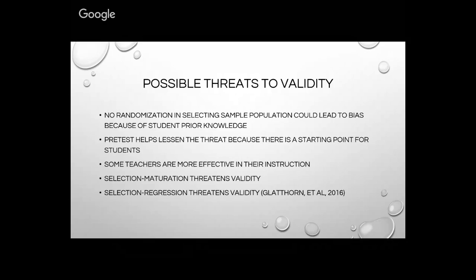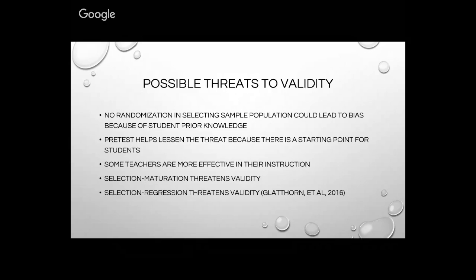When you're looking at different students from different classes, different schools, not every student is going to start this unit of study out at the same level. Now, to help alleviate this threat is the pretest. I do think the pretest will kind of show where they are and give a starting point so you can see where they started from, and look at the post-test where they ended, and you can tell how far they've come.